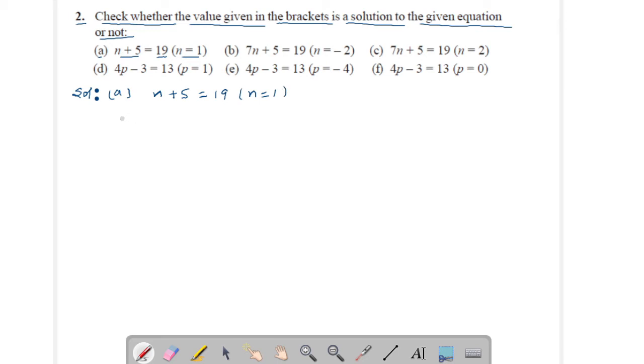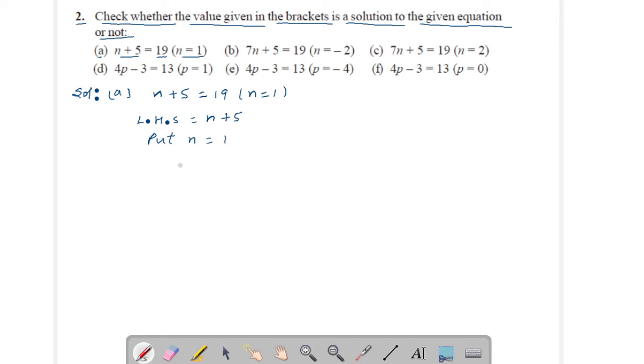Here, the left hand side of the given equation is n plus 5. Put n is equal to 1. What will you get?